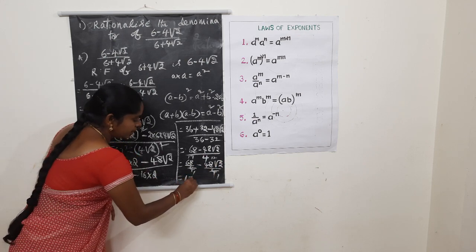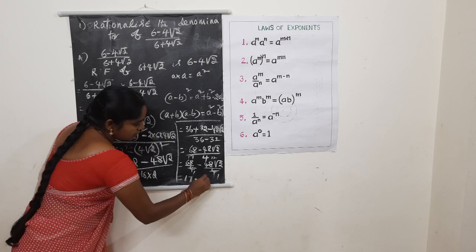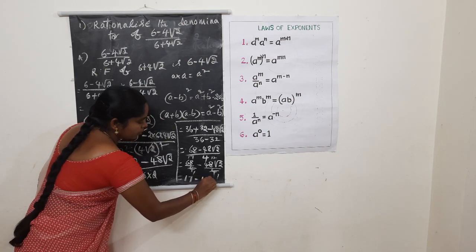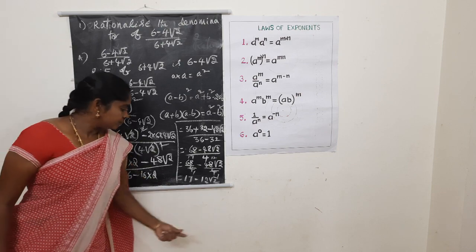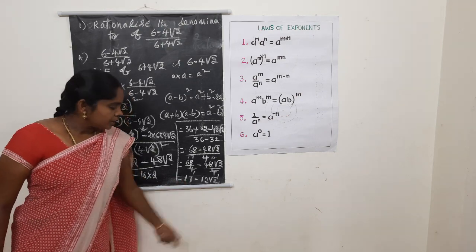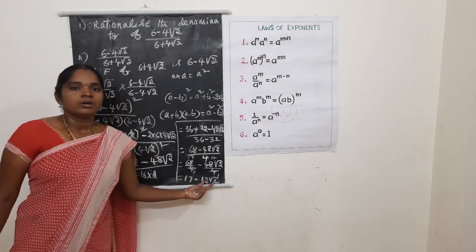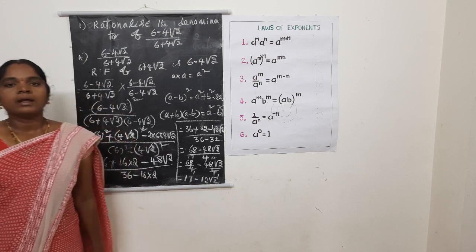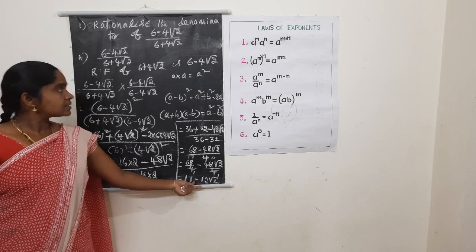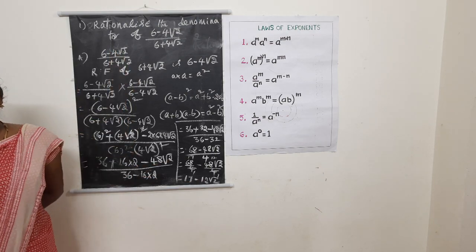So 17 minus 12 root 2. So the denominator is 1, so the denominator is a rational number. This result is the rationalized denominator.